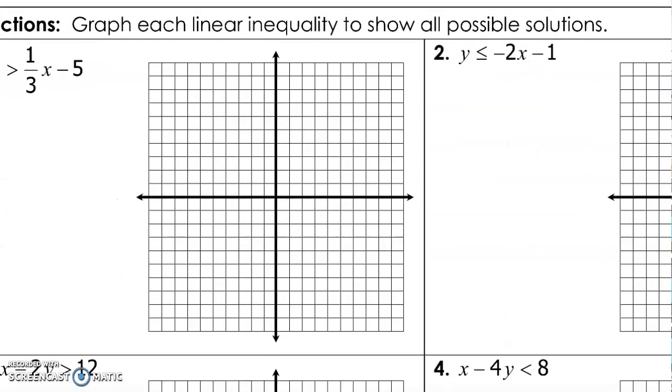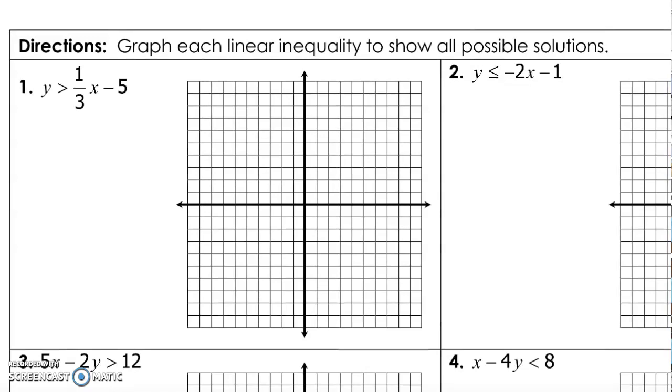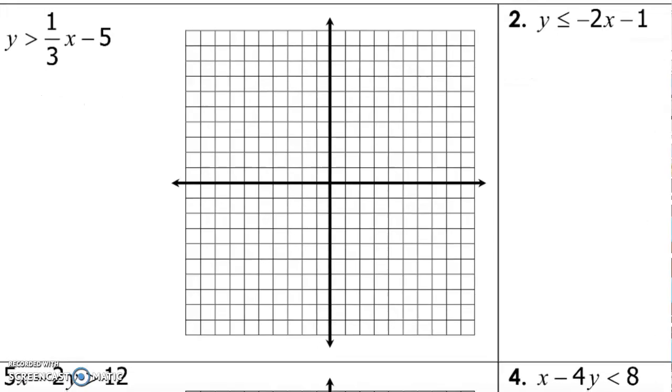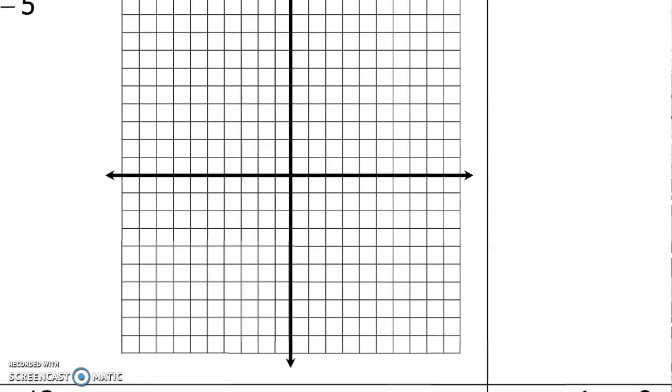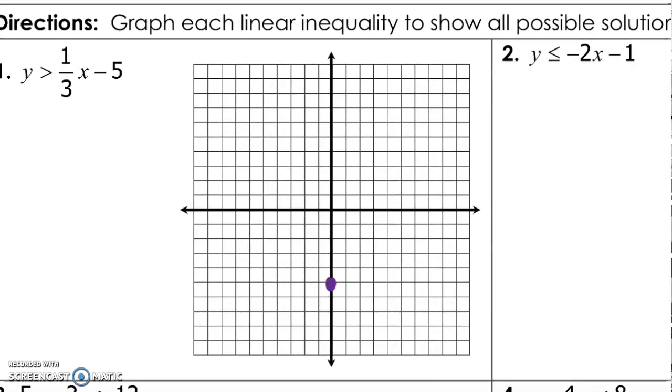So let's look at number 1. We start by going down 5. And then our slope is 1/3. So up 1, right 3, down 1, left 3. It is a greater than sign, so that would be dotted.